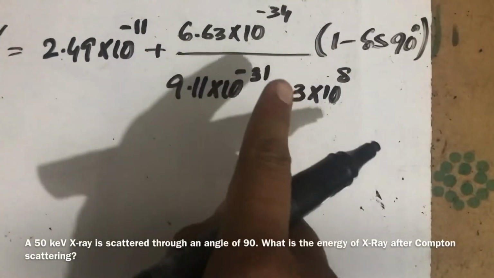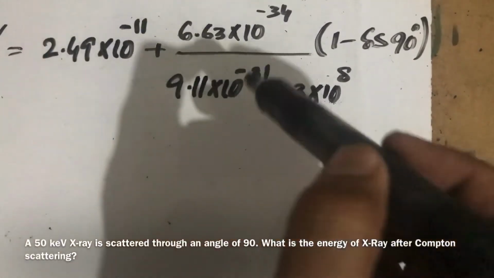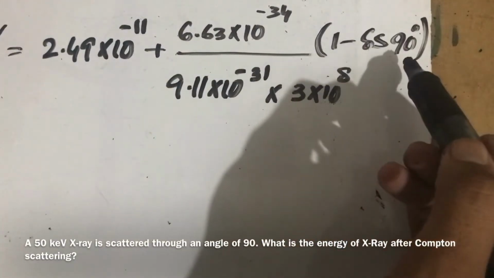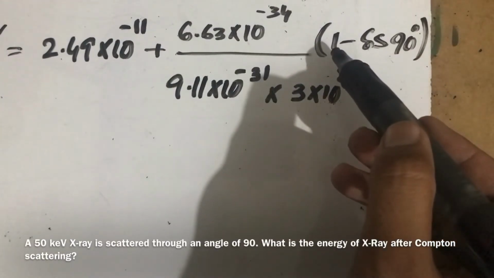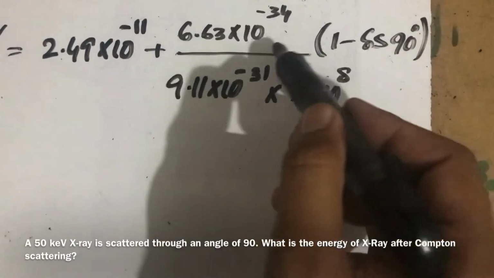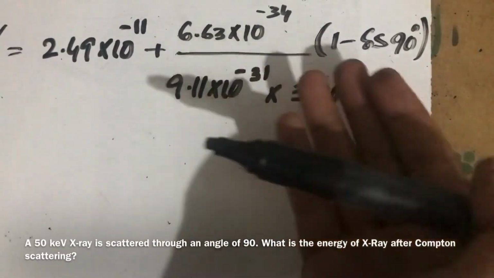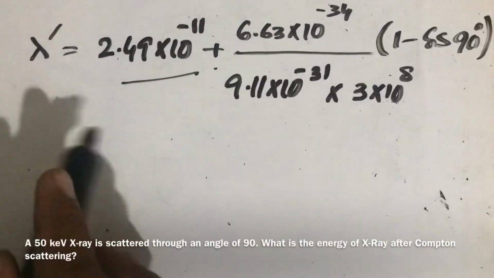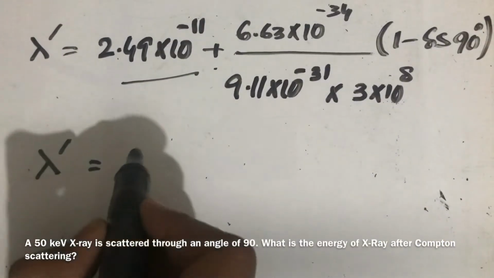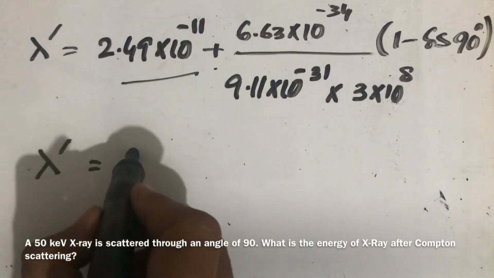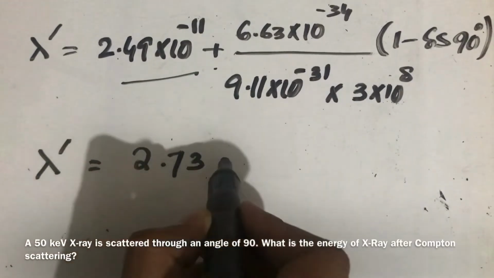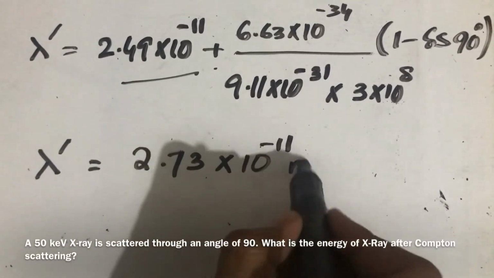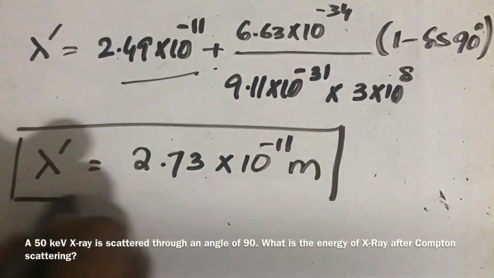Do it yourself. Cos of 90 is equal to 0, so we get just 1. Multiply and add with lambda, and we get lambda prime equal to 2.73 × 10^-11 meter. So this is the value of the scattered lambda.